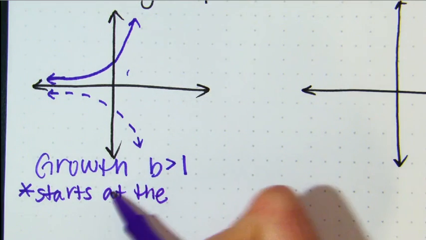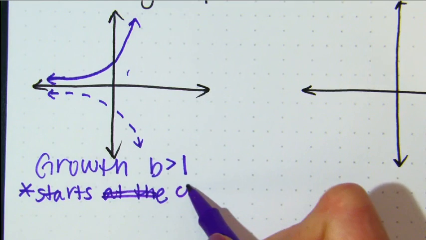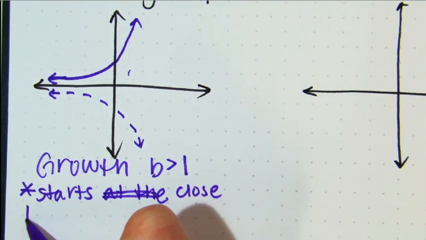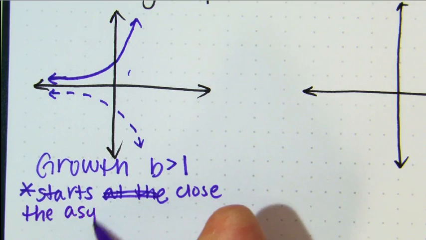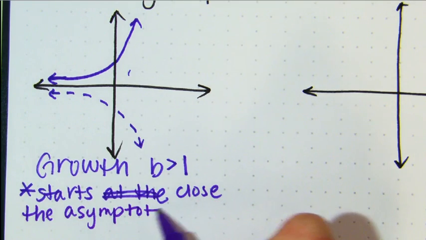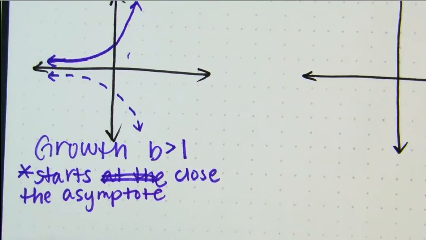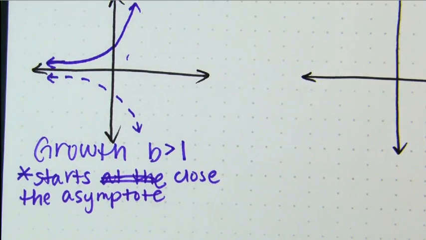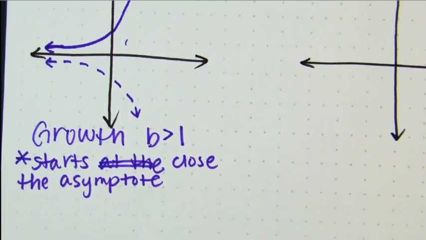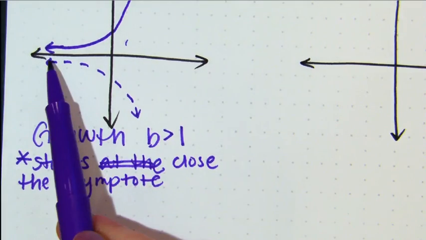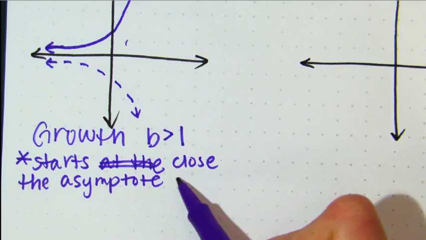A way to put into words describing the growth curve would be, it starts close to the asymptote. If you remember, the asymptote is a line that the graph gets close to but never touches. So it starts close to the asymptote and moves away from it.